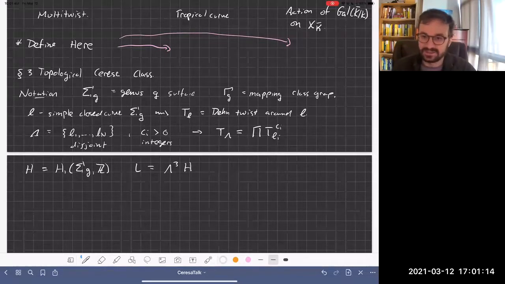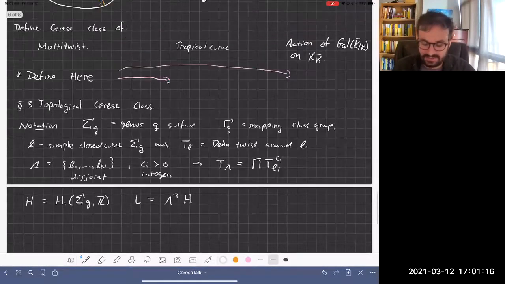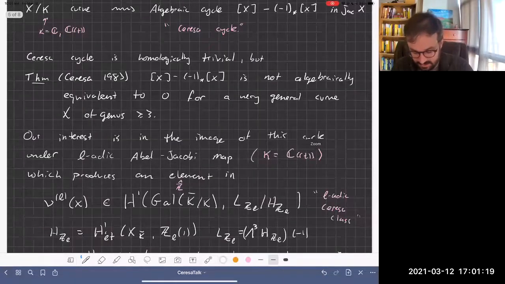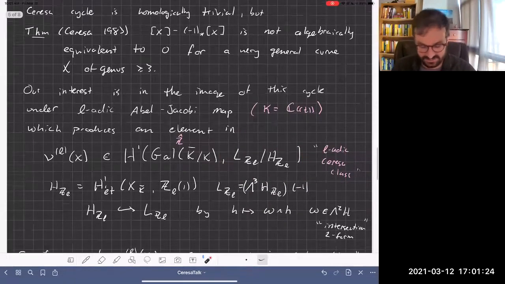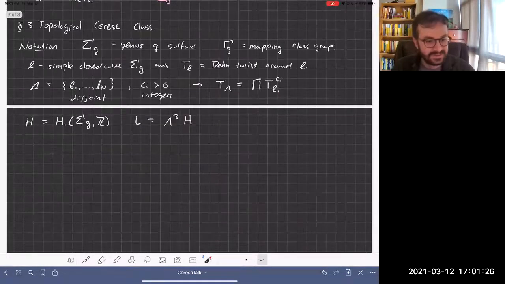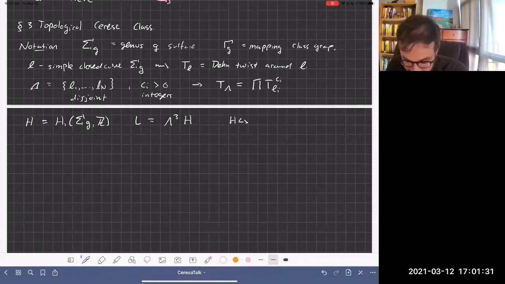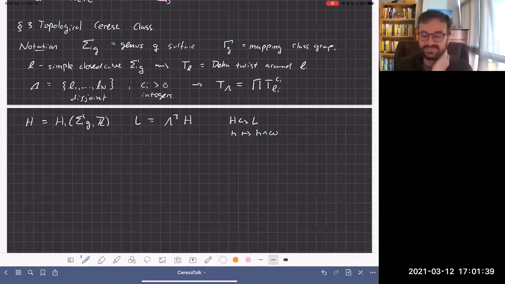These are entirely analogous to the H and L that were defined previously, so just keep this in mind as we go through. As before, H embeds into L by sending h to h wedge the intersection form coming from your surface.